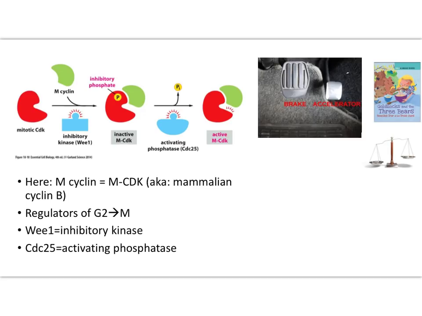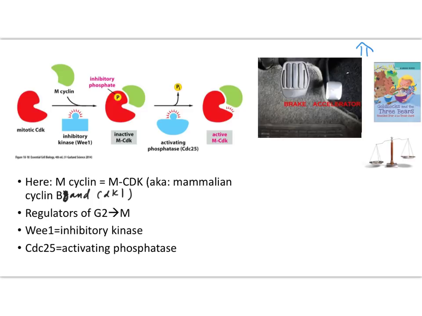Now let's rewind a little bit and talk about how we ended up with these partners working at the particular checkpoint. This figure shows the names of the Xenopus version, but I wrote in the version for mammalian, so cyclin B is the cyclin and CDK1 is the CDK that corresponds to this particular checkpoint.